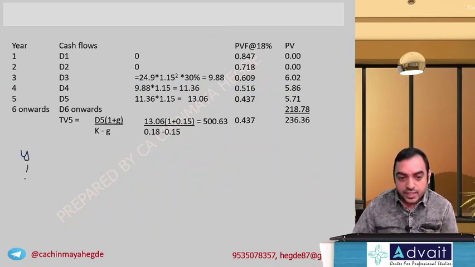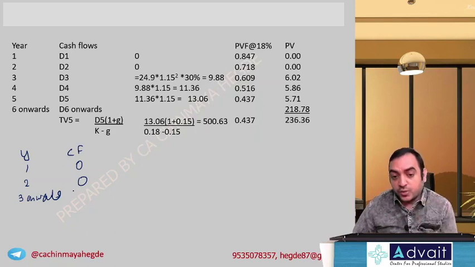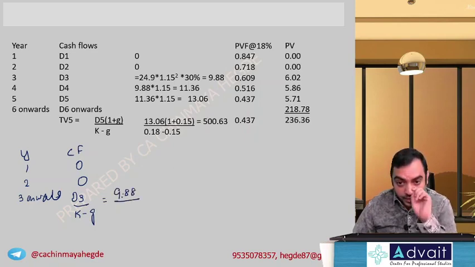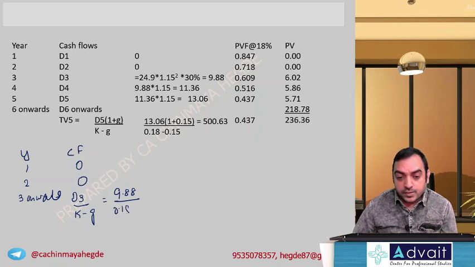Year 1, year 2, cash flow 0, 0, and here you would have done D3 onwards. So D3 by K minus G: 9.88 by K minus G, 0.18 minus 0.15. Please tell me how much you get.